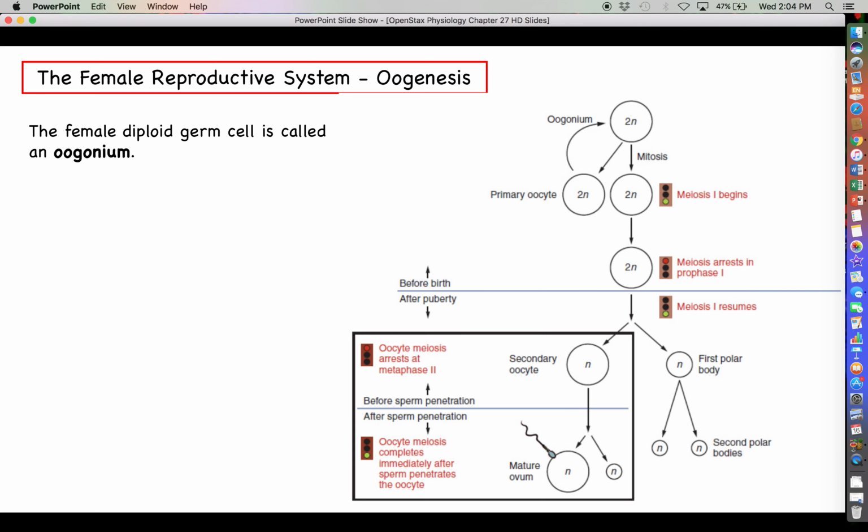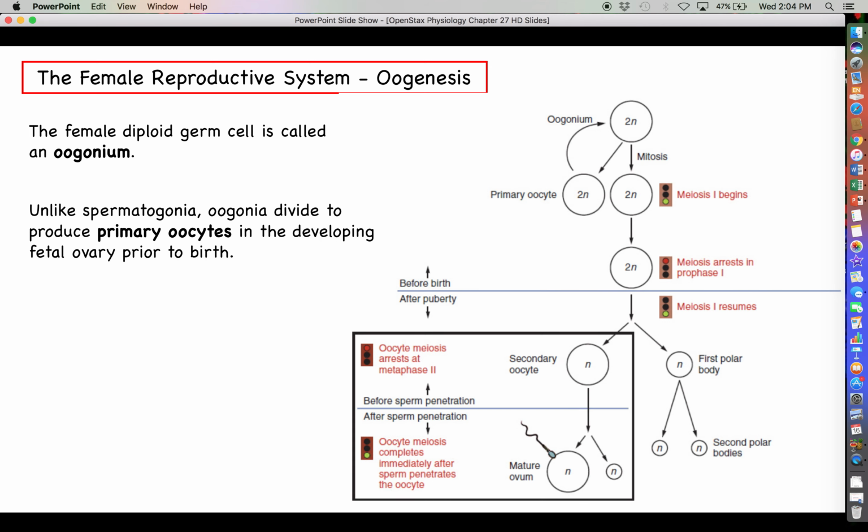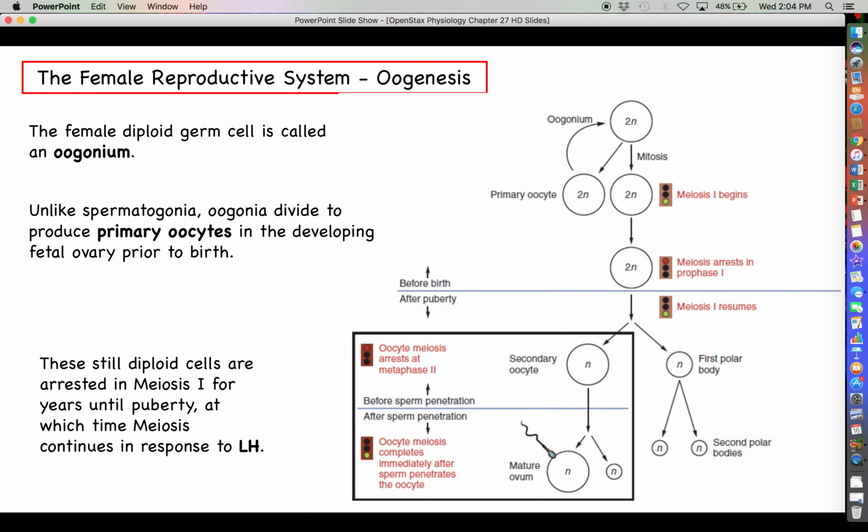Now, at this point, the primary oocytes are going to start the meiosis phase, which again consists of 1 and a second nuclear division, but these primary oocytes are going to arrest themselves in the middle of meiosis 1, meaning they're not even going to complete that first nuclear division.